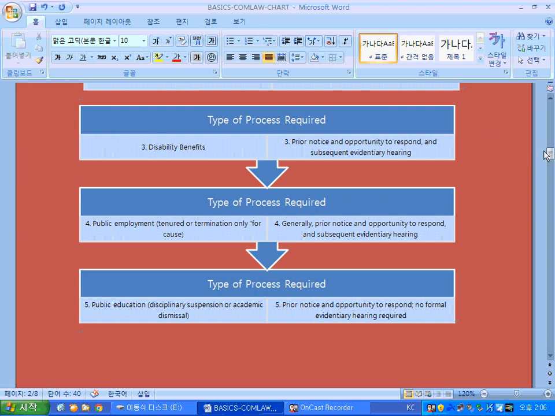And let's think about employment. There would be a tenured professor or other public offices in not a settled status.